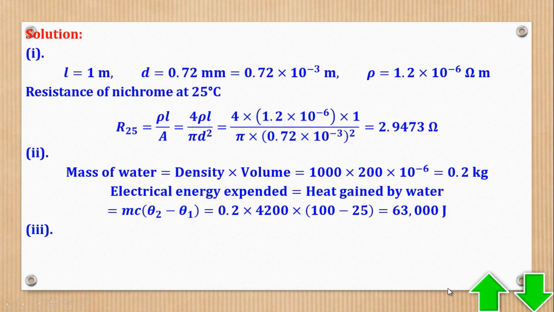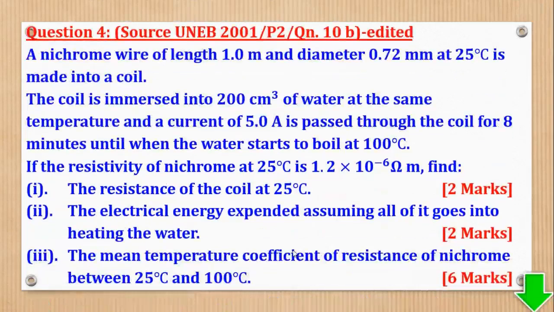Then Roman 3, they said calculate the mean temperature coefficient of resistance, that is TCR, of nichrome between 25 degrees Celsius and 100 degrees Celsius.